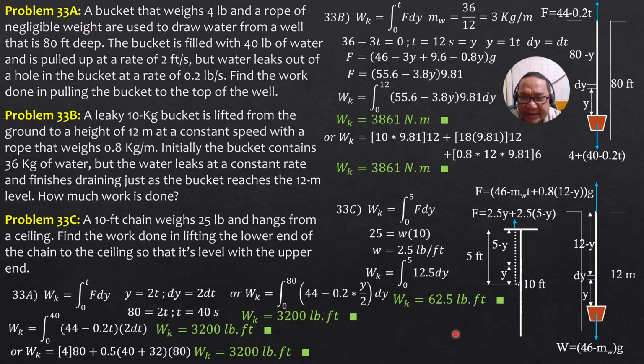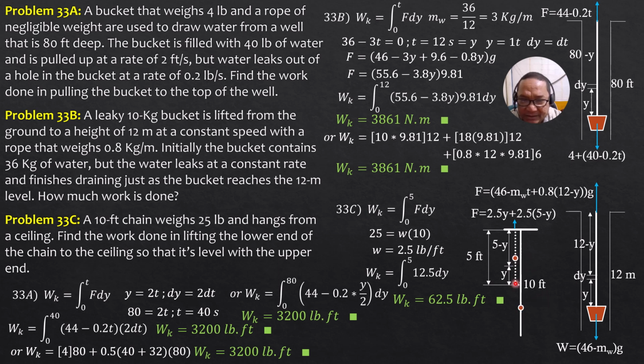Then the other way, without integration, is to take note that the center of gravity of the lower 5-foot chain is here, and as the other end is lifted to reach this level, the center of gravity will now be here, as shown in the figure.